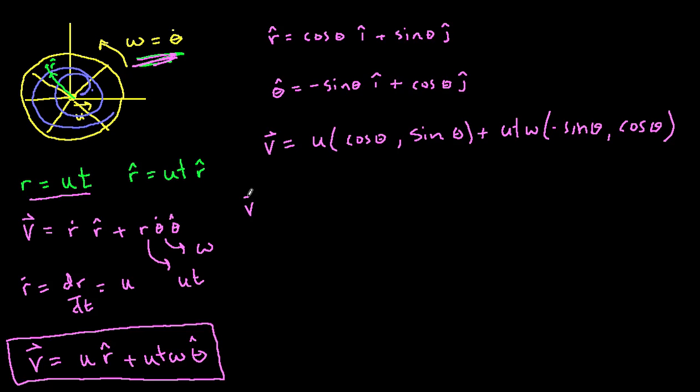So velocity in Cartesian coordinates is going to be u cosine, and by the way, theta is going to be equal to omega t, right?